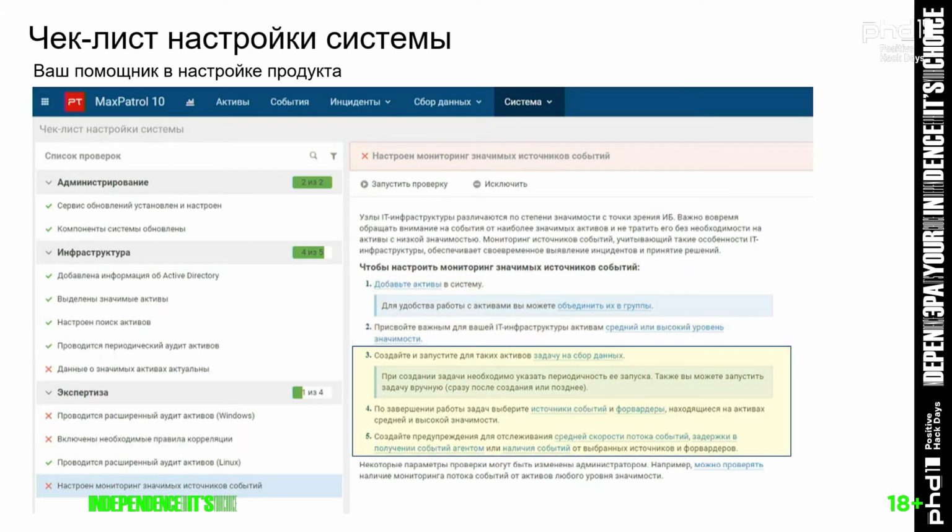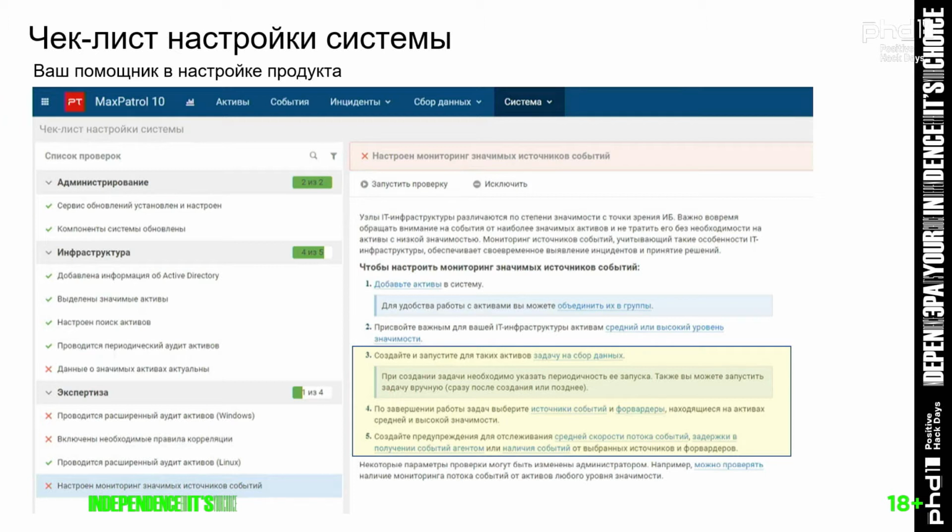For such assets, if a given asset is a source of security events, and we're already collecting information on it, then it makes sense to set up some event monitoring for this source. And we'll also establish some alerts for EPS drops, for example. And if something goes wrong, we should be duly notified.